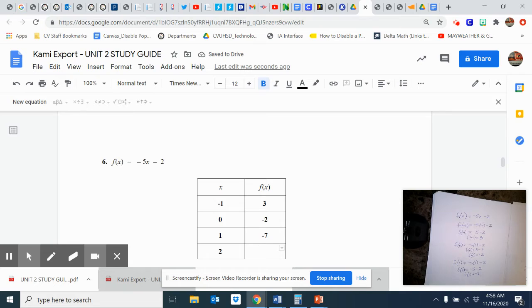Okay. And finally, f of 2, plug that in. Equals negative 10 minus 2. f of 2 equals negative 12. Okay.